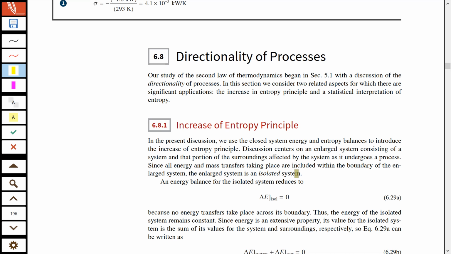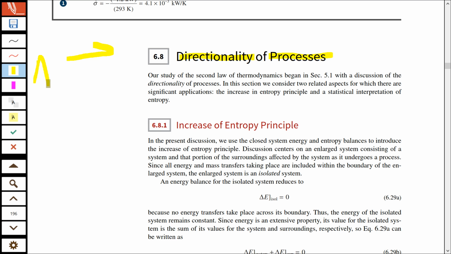So now we are in a position to discuss the direction in which a process has to proceed. There are many natural processes, and you want to predict how they will proceed. For example, there is a chemical reaction.